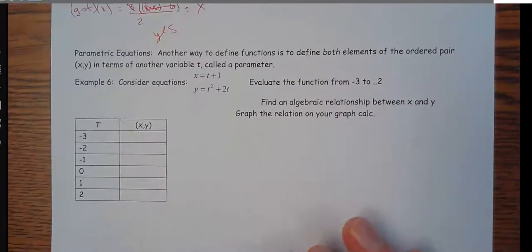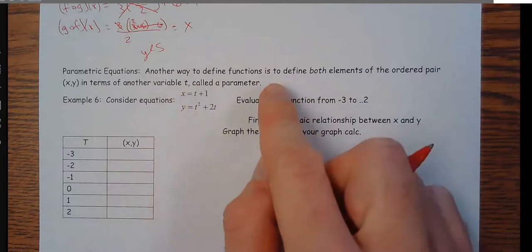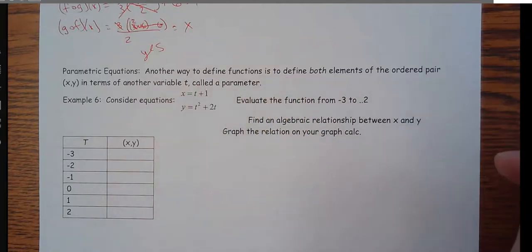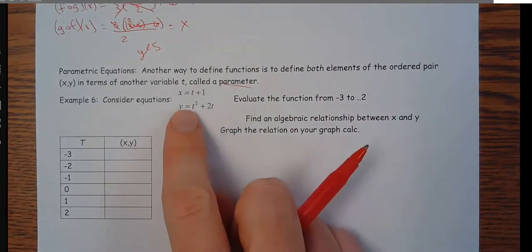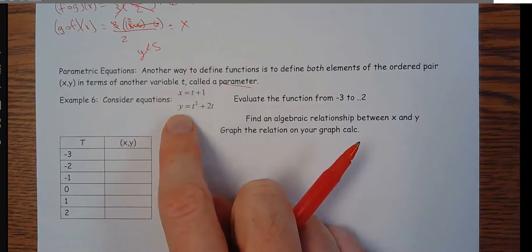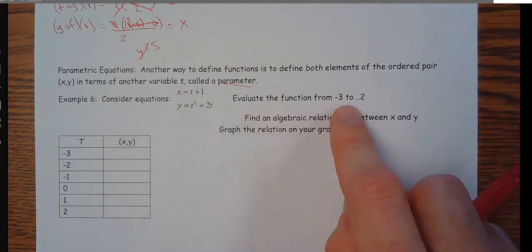The parametric equations here now, this is just another way to define functions, is to define both elements in terms of a third variable, t, and when we do that, that's called a parameter. So consider this, say x equals t plus 1 and y equals t squared plus 2t. And we're supposed to evaluate from -3 to 2.